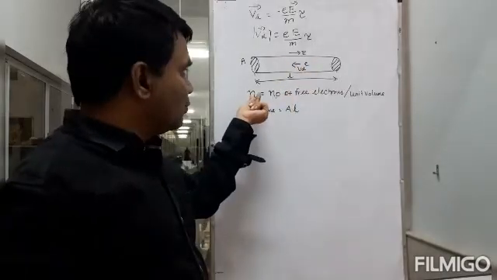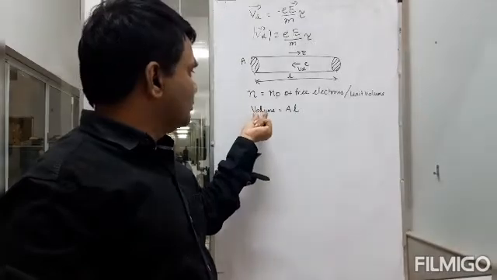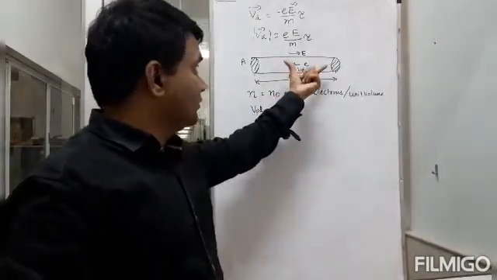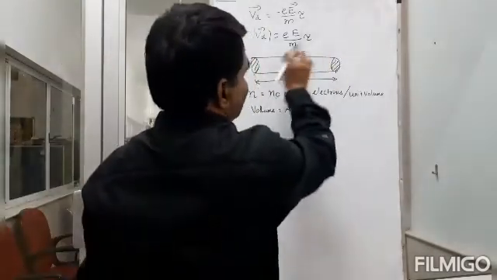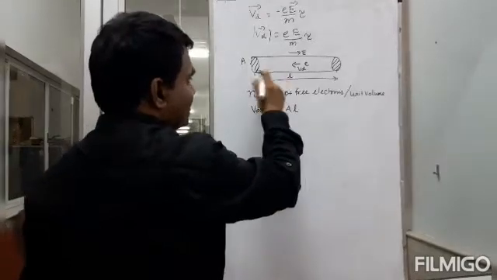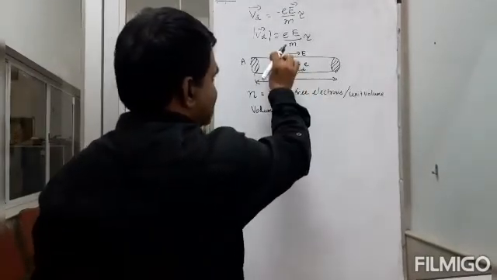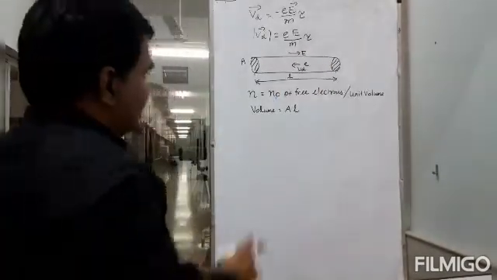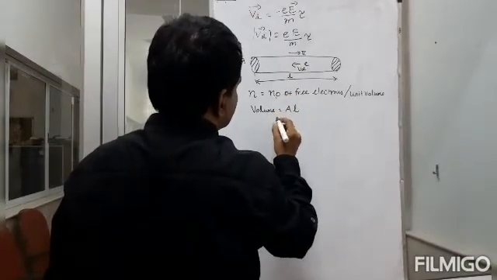Well, I know n, the number of free electrons per unit volume, and if I multiply this number with the volume, I will get the number of free electrons in this volume. This n is for the material, copper or iron or aluminum or whatever, and this is for this particular piece of that material.